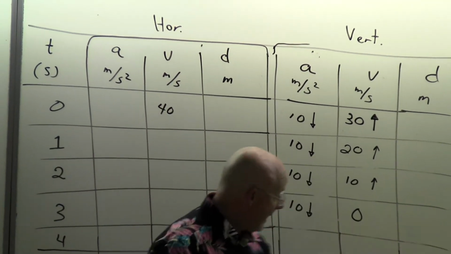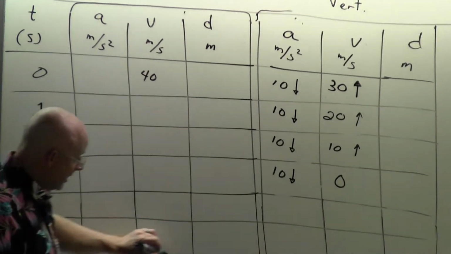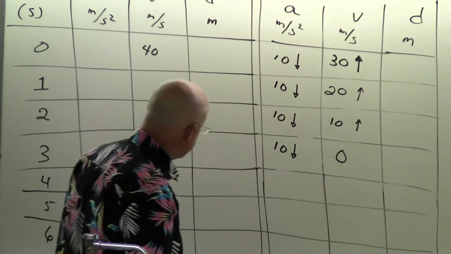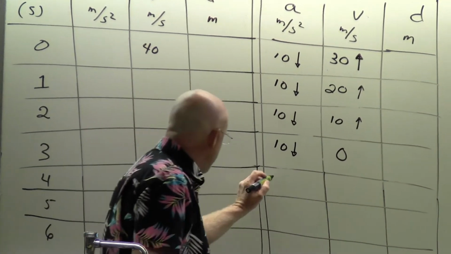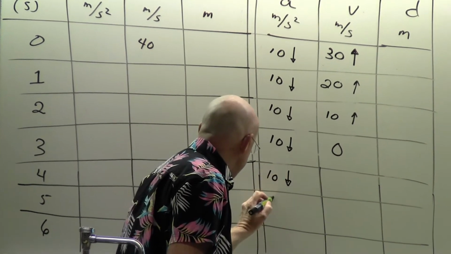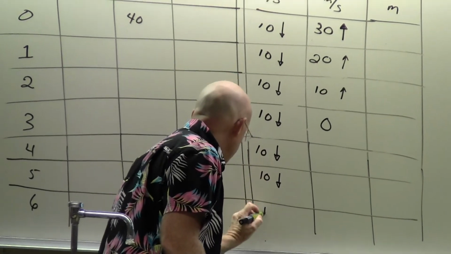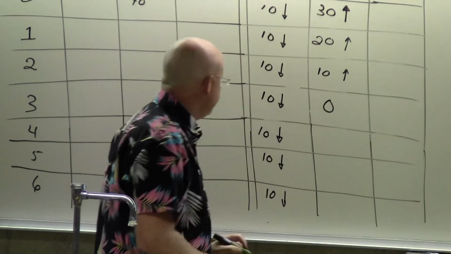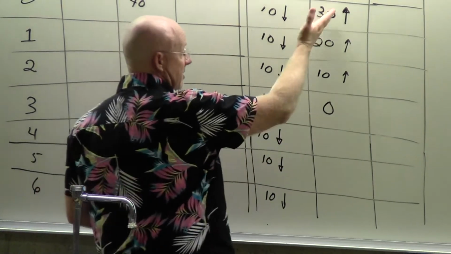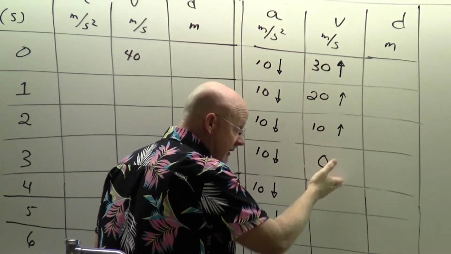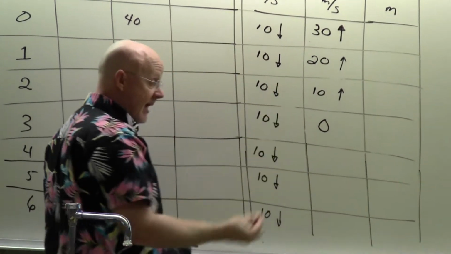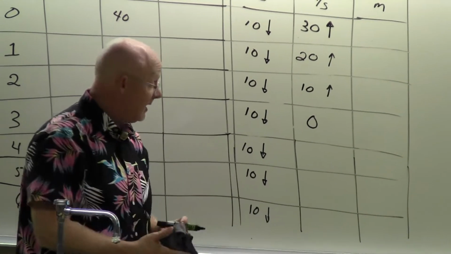And so I will add some more time here to my chart, keeping in mind that the vertical acceleration is always 10 down, which is why it was slowing down by 10. But now it'll begin to fall, and so as it's going down, it's going to change by 10, but this time speeding up.